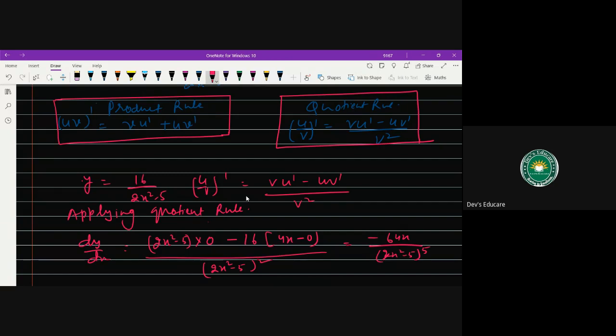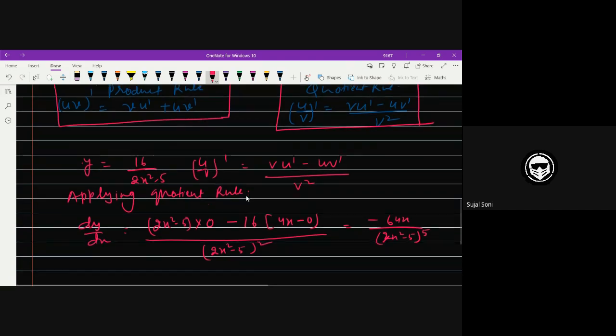Check your answer, Sujal. Sir, the answer is negative 64x over 2x squared minus 5 whole squared.